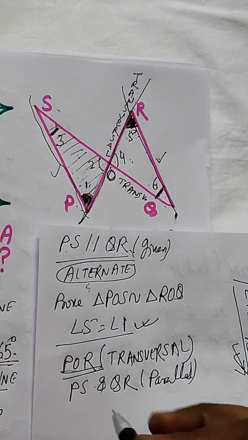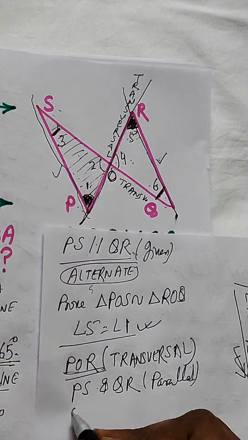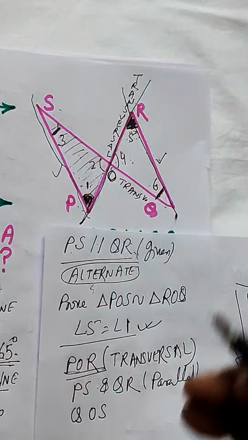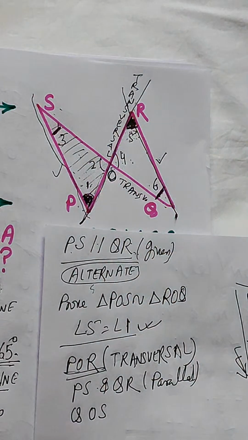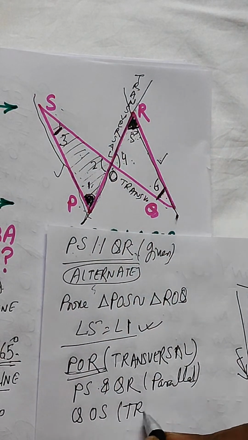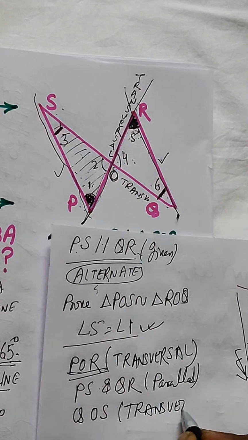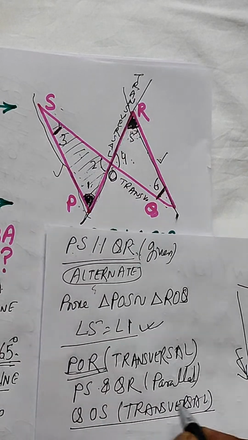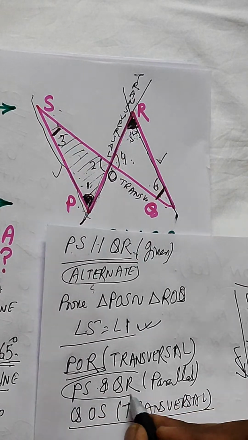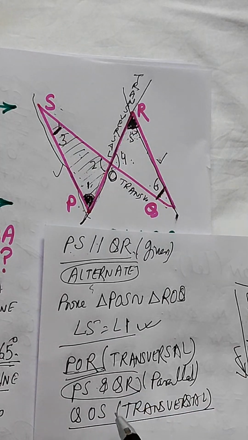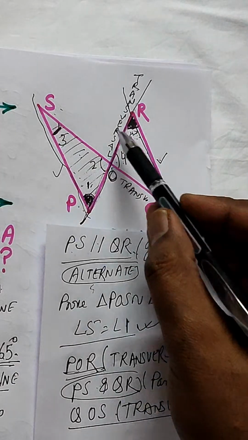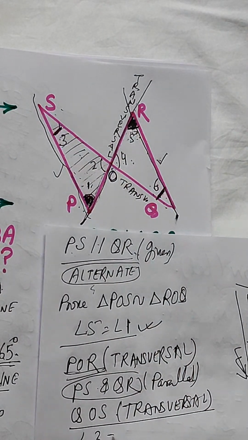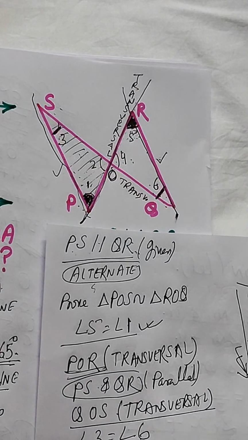If QOS is a transversal to the same parallel lines PS and QR, then we can say that angle 3 will be equal to angle 6. Angle 3 will be equal to angle 6, isn't it?